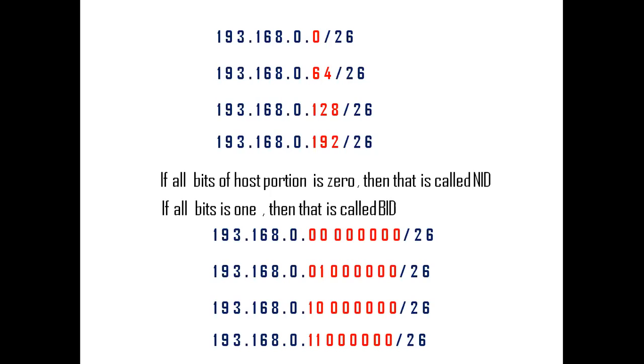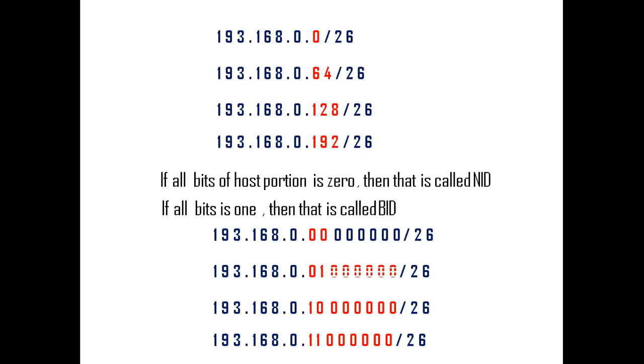It indicates the number of network bits, the number of ones. 193 is 8 network bits, 168 is also 8 network bits, 0 is also 8 network bits. And what about the last 8 host bits? In these 8 host bits, 2 bits are for network.